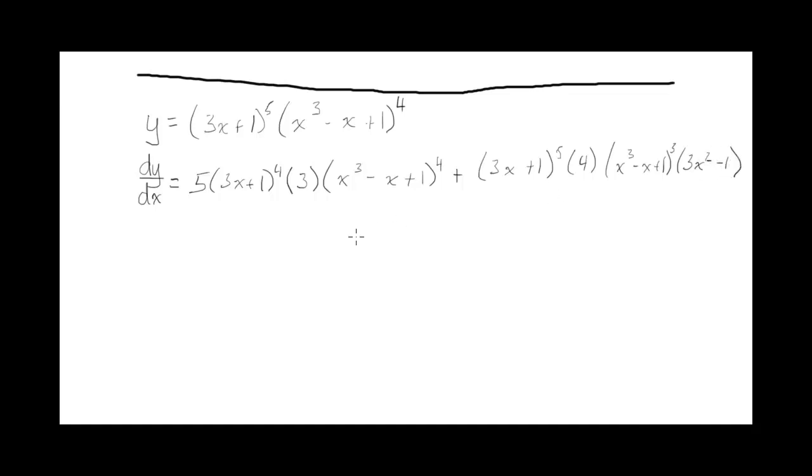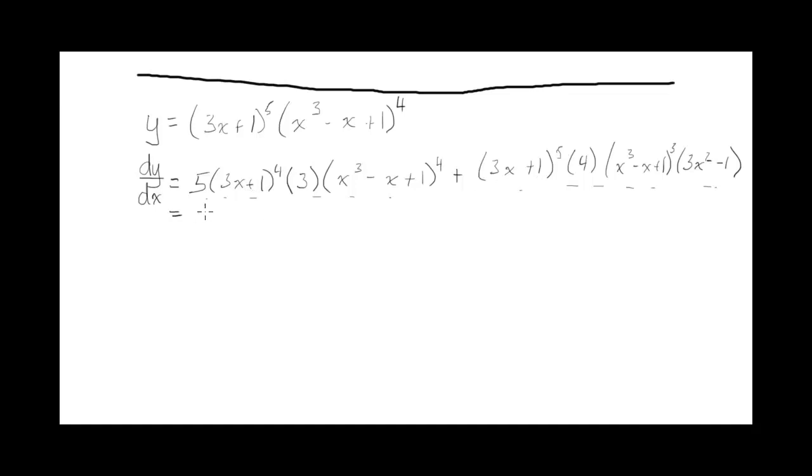But we can obviously simplify that a significant amount. Actually, what we'll do is we will factor. So what's common to this first part and the second part? In terms of constants, nothing's common, but we do have a 3x plus 1 to the power of 4 and a 3x plus 1 to the power of 5.